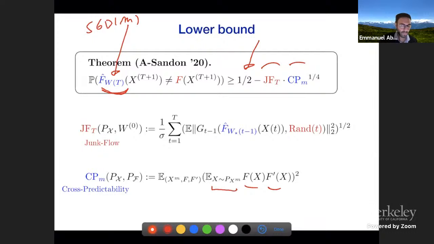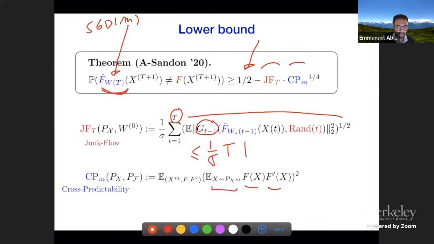Okay, so let's look at the jump flow first. If you want to upper bound this crudely, what you can do is simply say, okay, there's the 1 over sigma that is here. I'm going to upper bound this by t for the number of time steps, and then I'm just going to upper bound each summand here by the dimension of these vectors. So this is the gradient, so it has dimension the number of edges in the graph of your neural net.